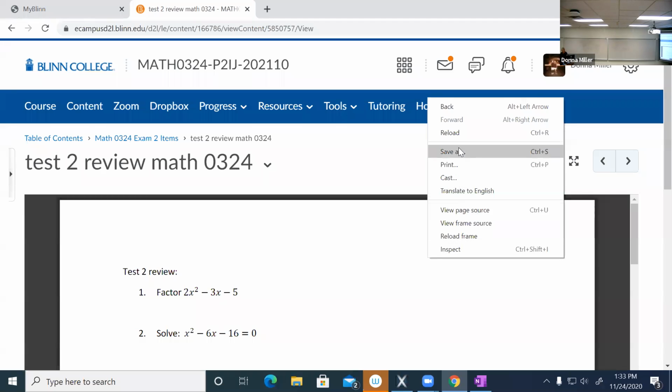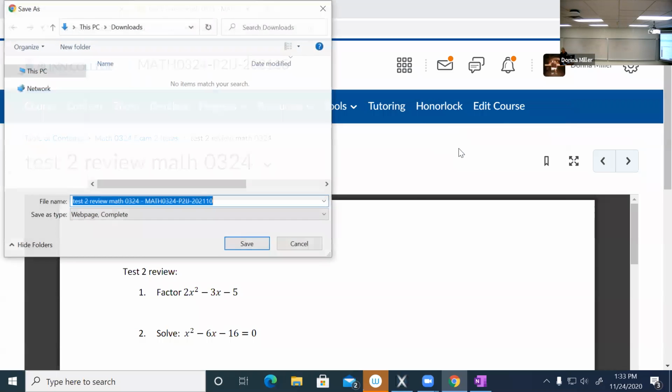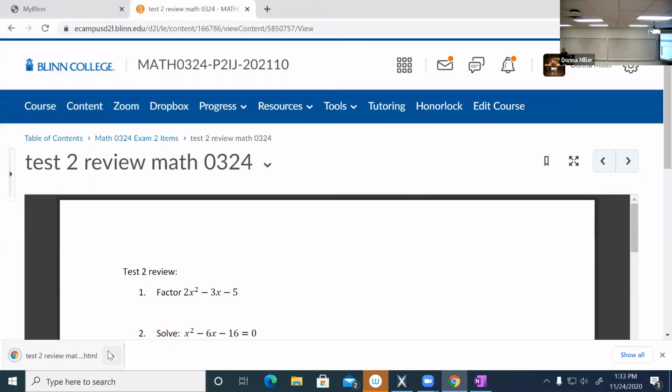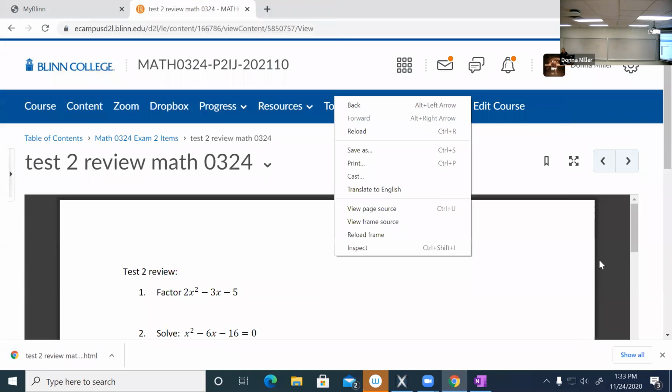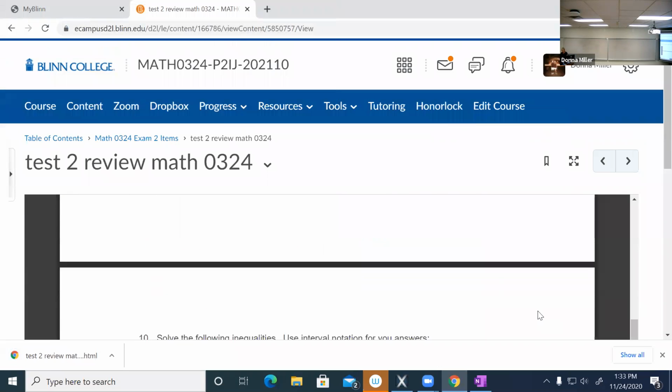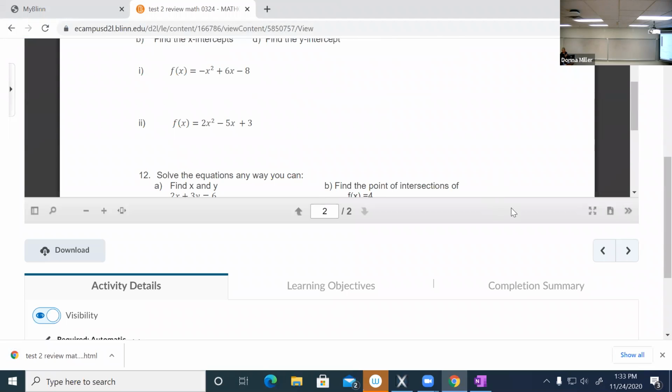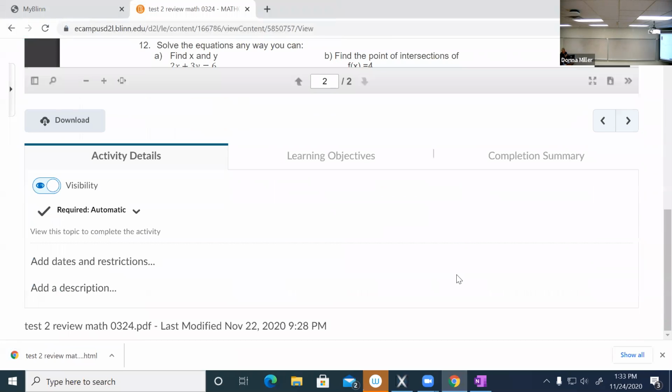Actually, let me download this. Be able to just click on that. No, I don't want the HTML. Hold on, I got to download your review. Let's see, how do we do that? Where's the download button? There it is. No, that's not it. Where's the download?